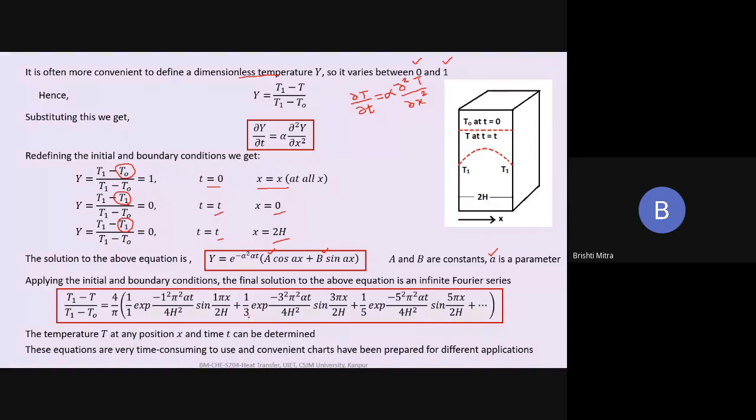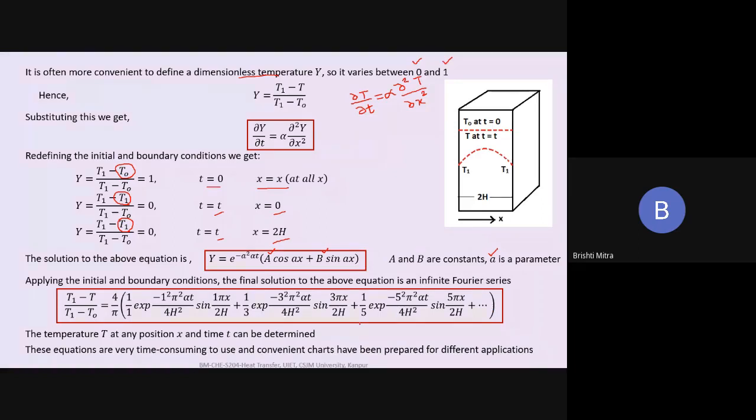So this becomes 1/3 exponential minus 3 square pi square alpha t by 4h square sine 3 pi x by 2h. Third term, the 3 gets replaced by a 5, that means 1/5 exponential minus 5 square pi square alpha t by 4h square sine 5 pi x by 2h plus so on and so forth. The 5 will then become a 7 and so on.